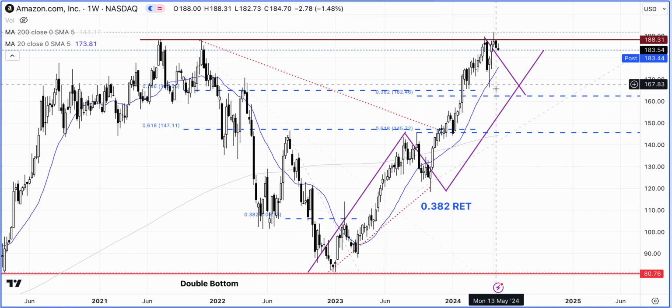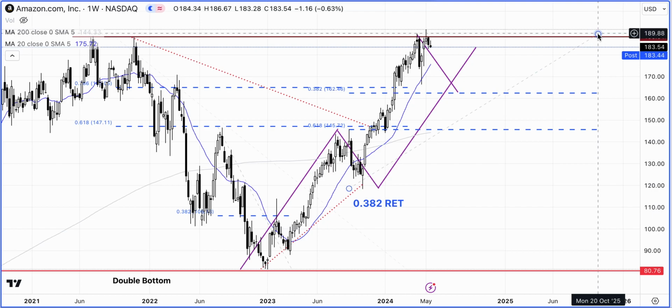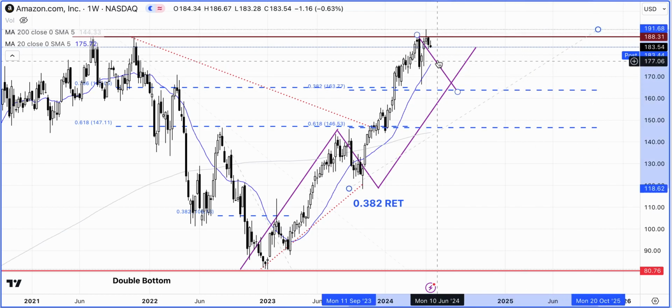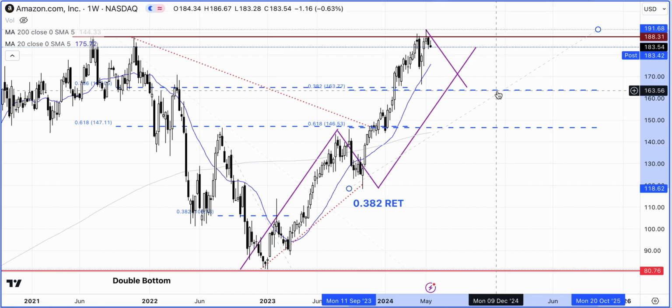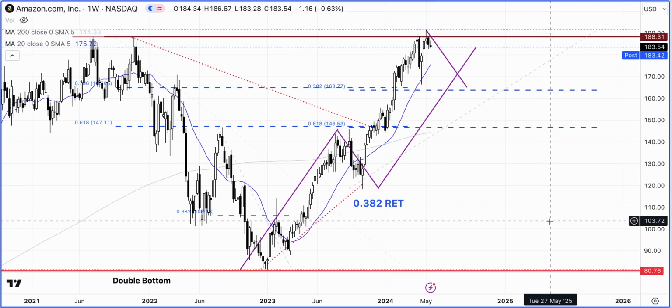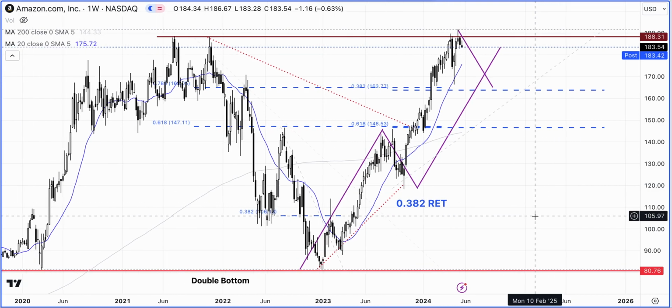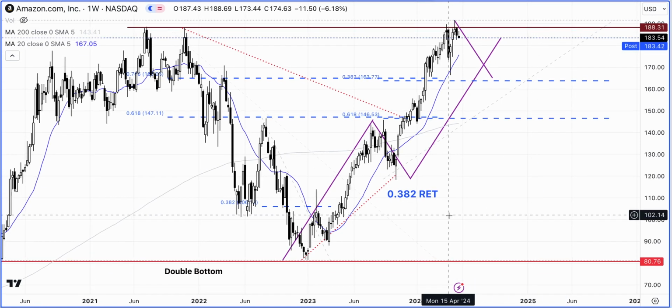So it might just retrace back to around the 38.2% retracement, which comes around the 163, 165 dollars per share level, roughly speaking. So that remains a possibility. The week hasn't closed yet, so I need to wait a little bit.